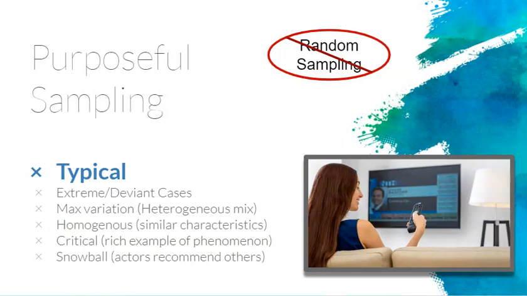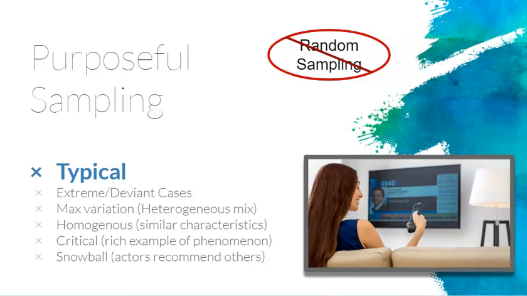So let's talk about how this researcher might go about choosing those. One way of choosing might be a typical sample. So it might be a few parents in a typical kind of parenting family. It might be a single parent family, or families with both parents, or parents who are active in a PTA. So I might purposefully say, I'm going to go to my PTA and ask which parents want to be involved.